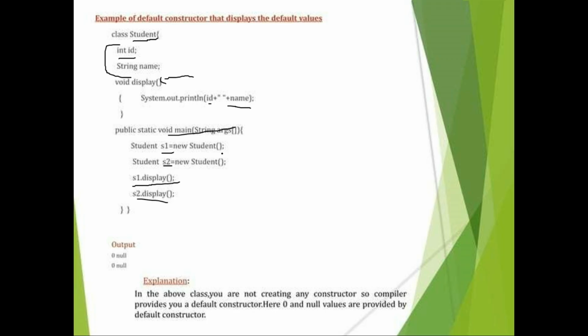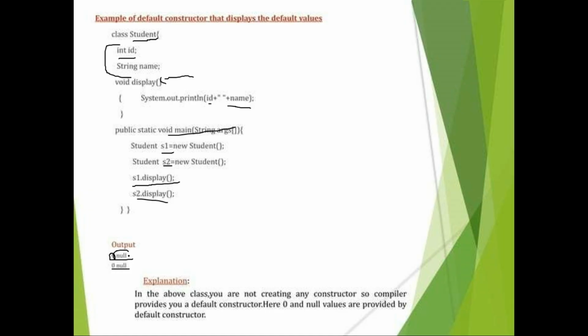We haven't given any values for the student id and the name, and we directly display the values of id and name. Here we see the output 0 and null. We didn't assign any values to the id as well as the name, but we get the output 0 and null.